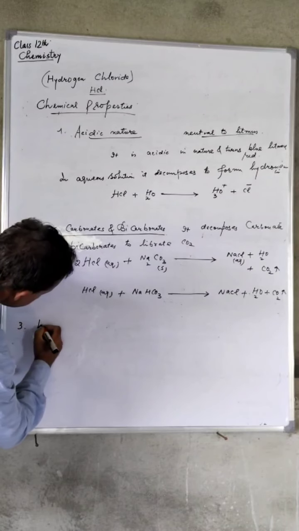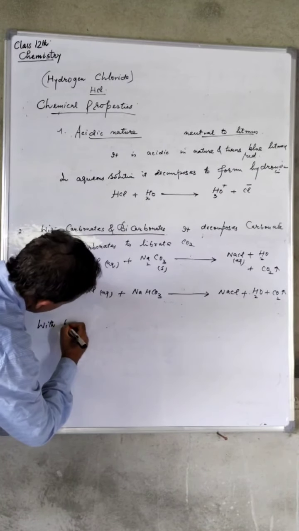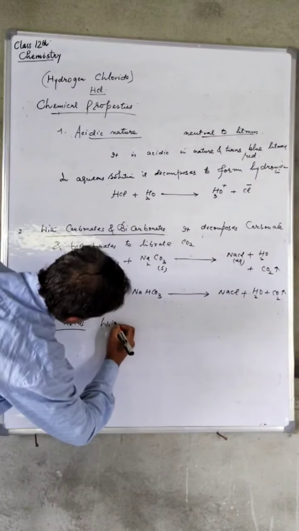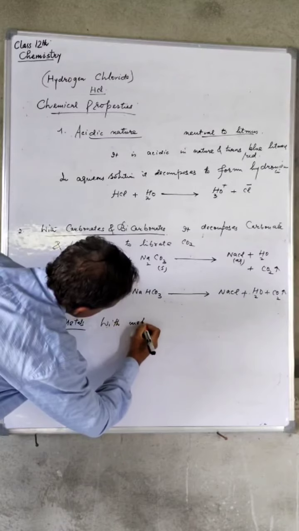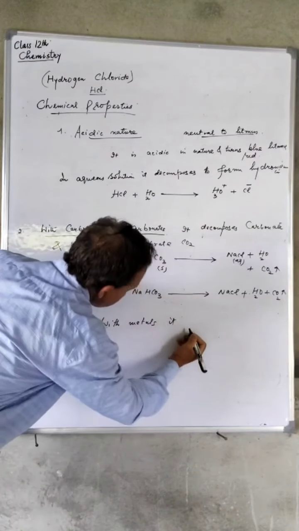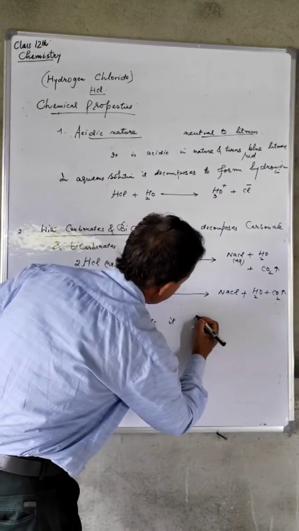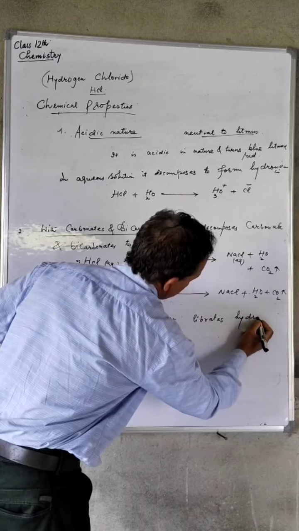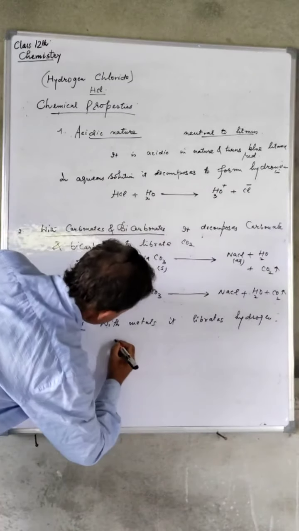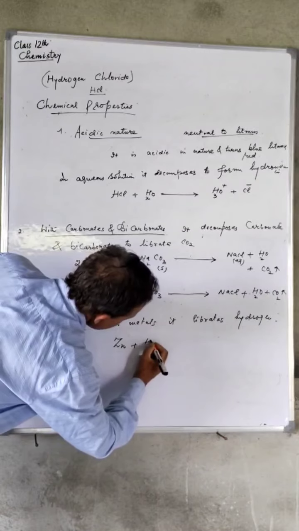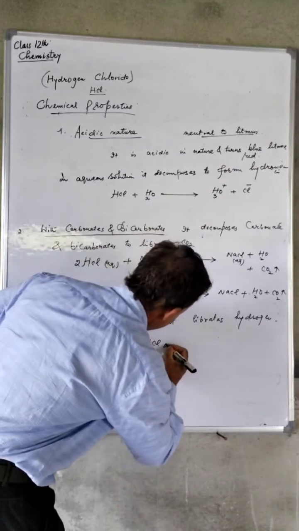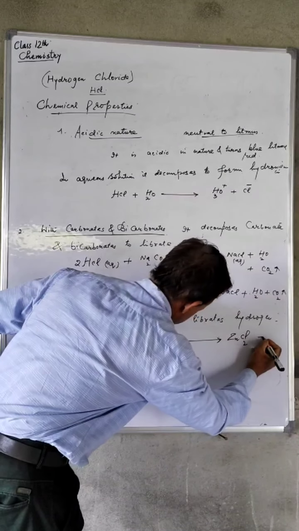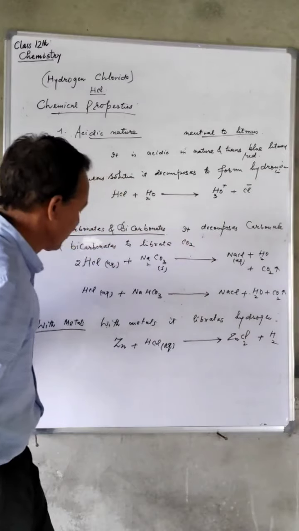Number three, with metals, it liberates hydrogen. Zinc plus HCl aqueous gives ZnCl2, zinc chloride, plus H2.